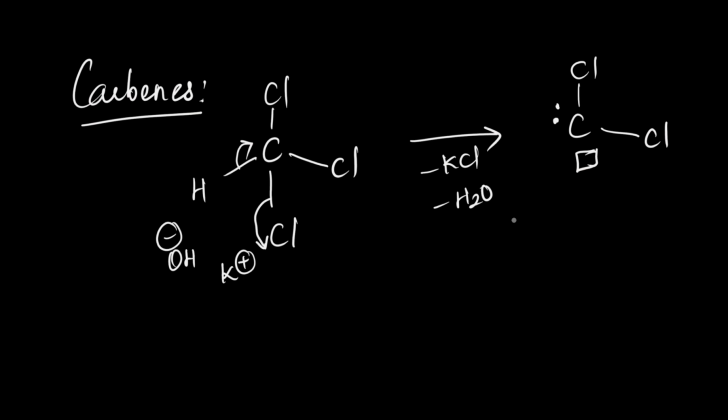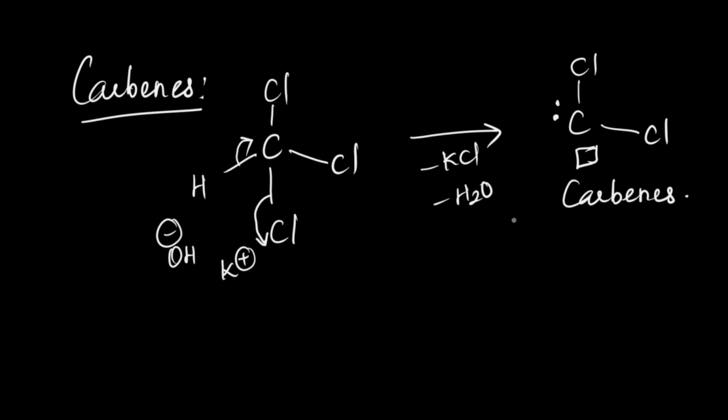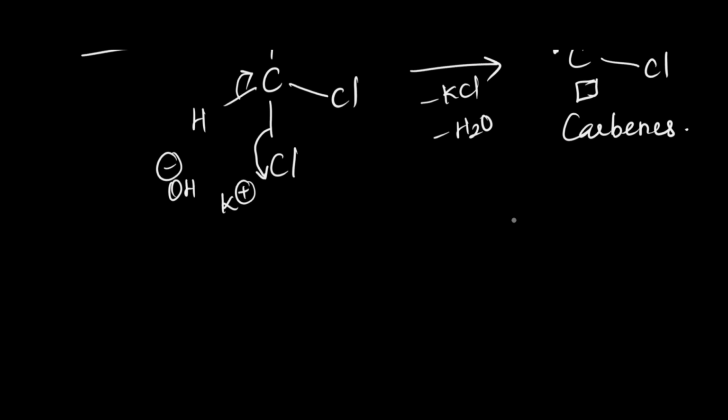This kind of carbon is called a carbene. Where will those electrons reside? We have 2 electrons in the carbon. So where will they be occupied? So carbenes which are bearing 2 lone pair electrons can be of 2 types.